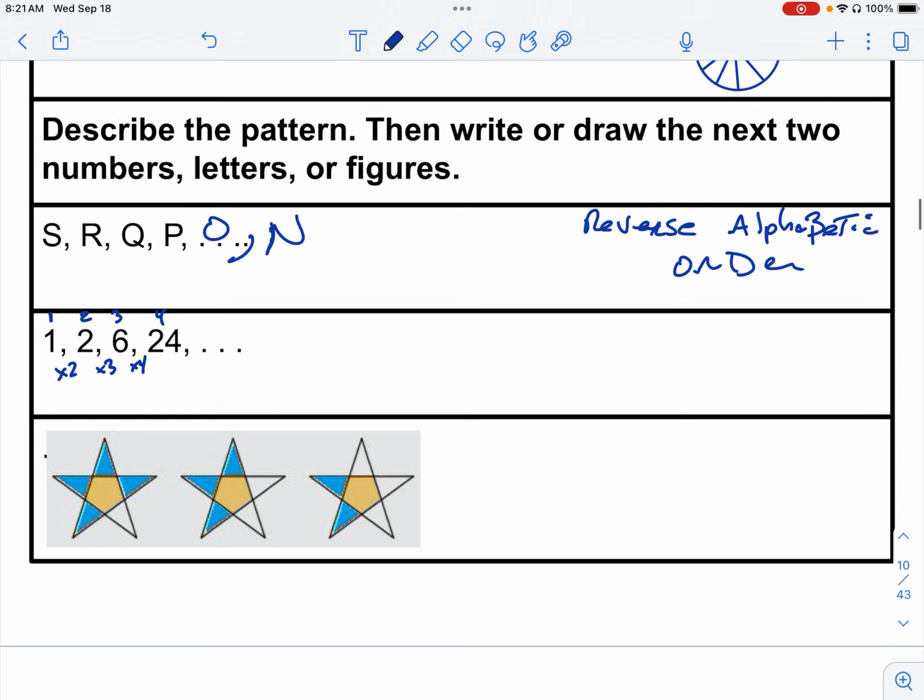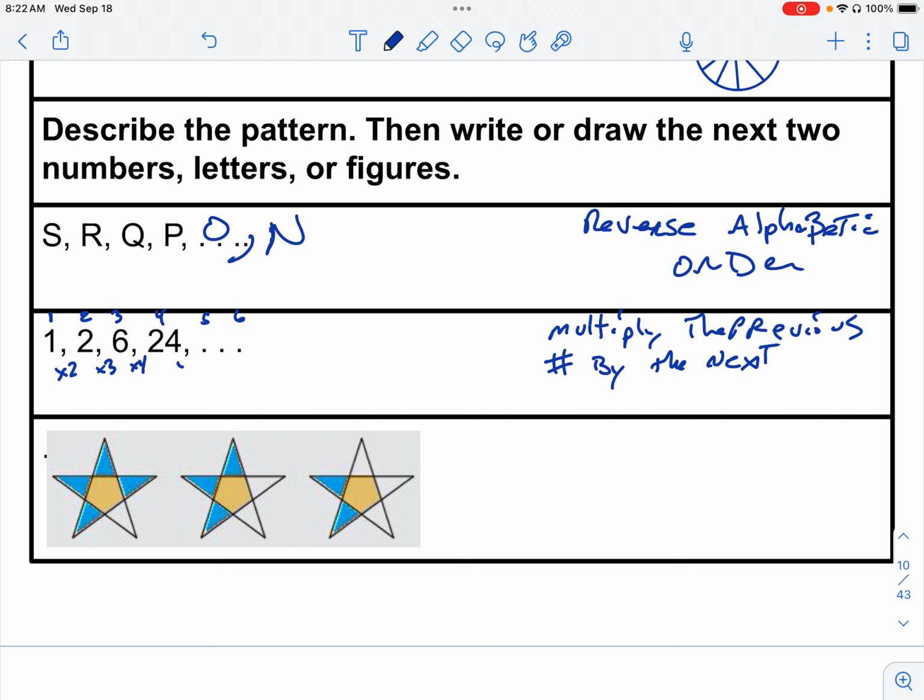Okay, so we're going to multiply the previous number by the next number.